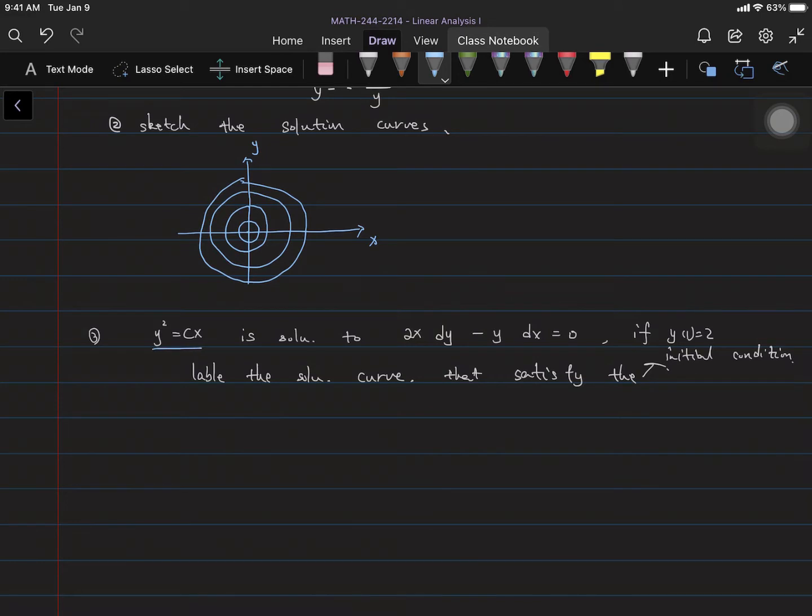Let's try this one. We just want to sketch this one. If C is general, y squared equals Cx, we can sketch this first. So it's a parabola, but it opens this way. And with C different, not shifting, C different, so you can think about y squared equals 2x. So it's just like open up. Something like that. So the family of curves looks like this. And right now it satisfies the initial condition.